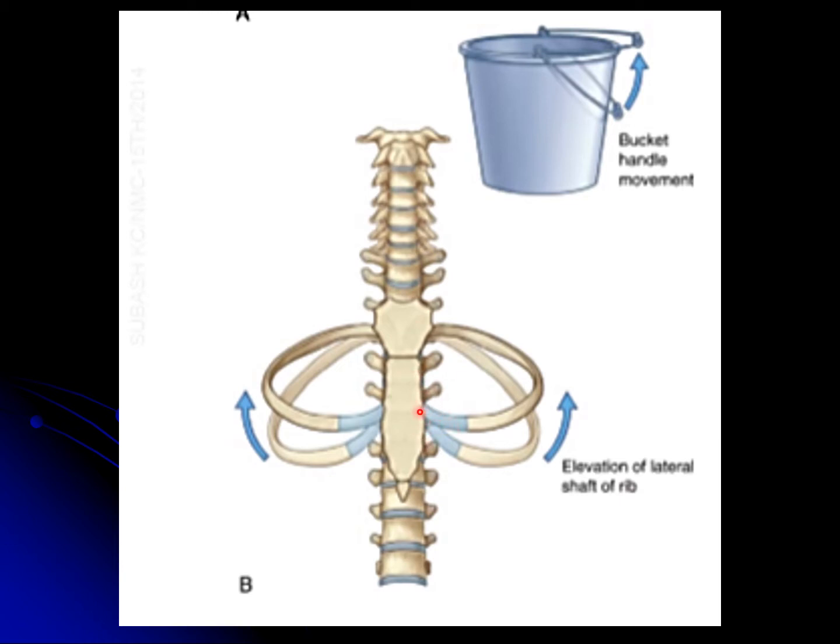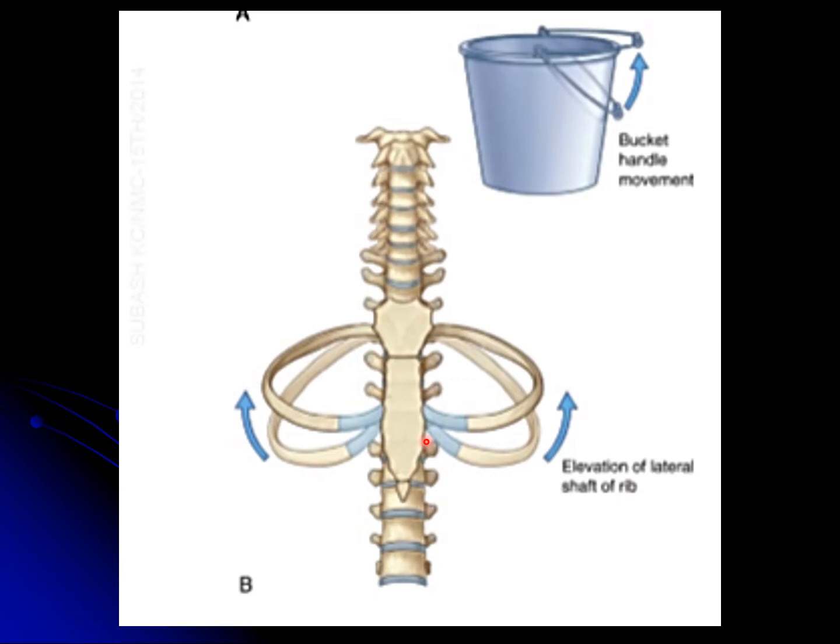Already we know that the first sternocostal joint is a primary cartilaginous joint with very slight movement, and the rest of the joints between the costal cartilages and sternum are plane synovial joints. A little bit of movement takes place over here.